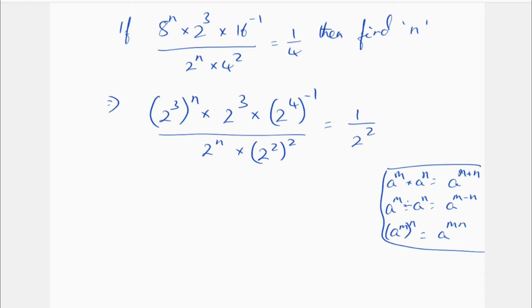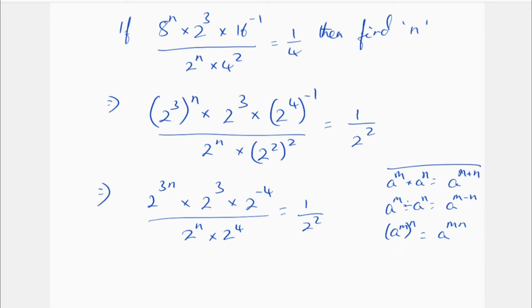So applying this logic, I'll be getting 2 cube whole power n equal to 2 power 3n, multiplied by 2 cube, multiplied by 2 power minus 4, divided by 2 power n, multiplied by 2 power 4, equals 1 by 2 square.